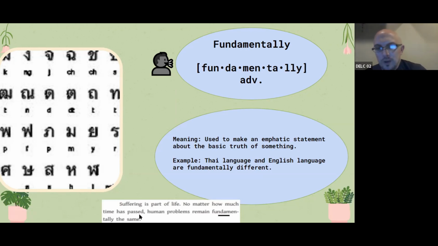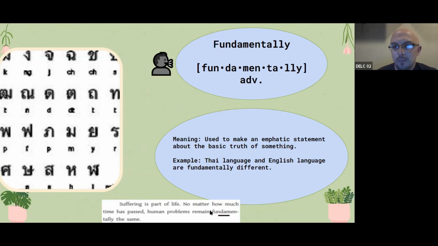So we all have these same problems because we're all humans. For example, he could be talking about hunger. Every human is hungry, thirsty. We all need to sleep. We all need to use the toilet. We all get old.